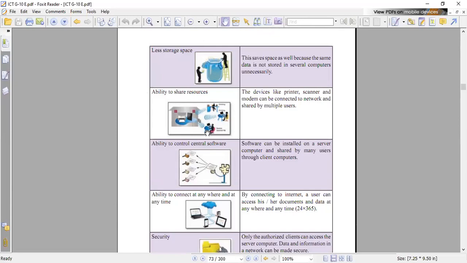Next point: Can share resources such as printers, scanners, etc.